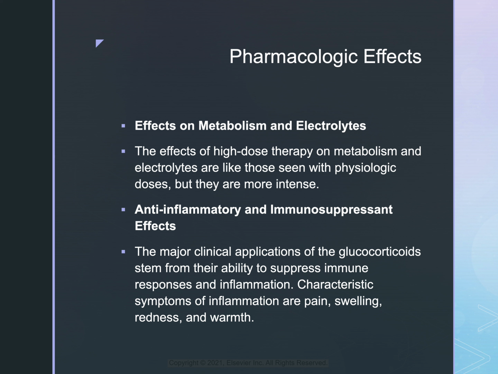Glucocorticoids will act on several mechanisms to interrupt the inflammatory response. So this is why glucocorticoids are helpful. They're going to inhibit the synthesis of those chemical mediators. Remember, those are prostaglandins, histamines, and leukotrienes. They're also going to reduce swelling, warmth, and redness, and also pain.